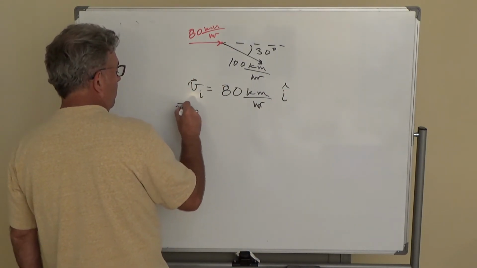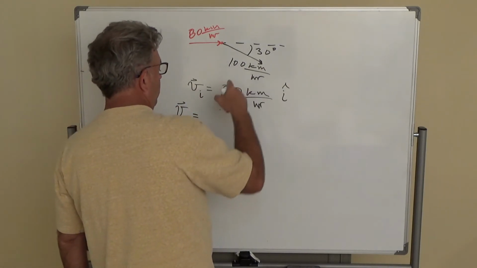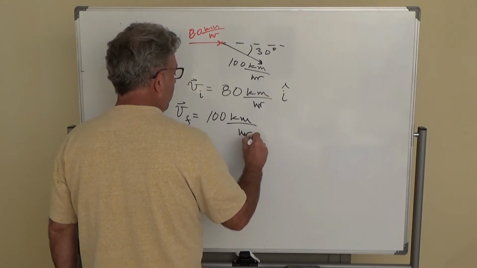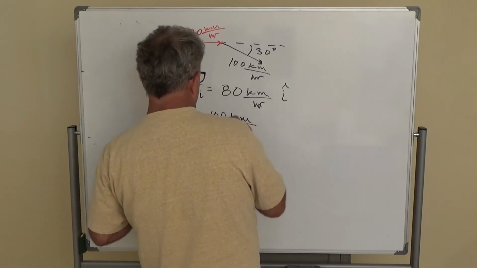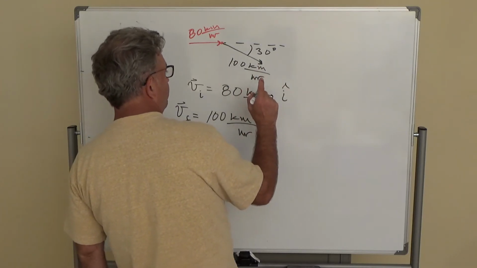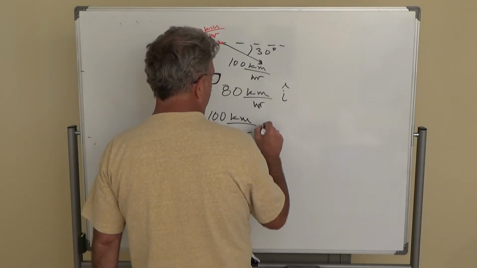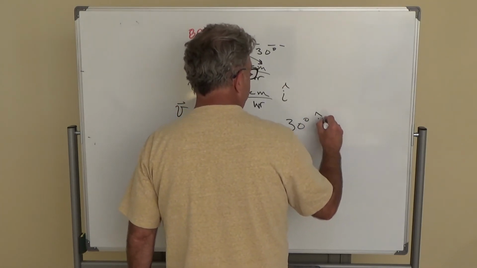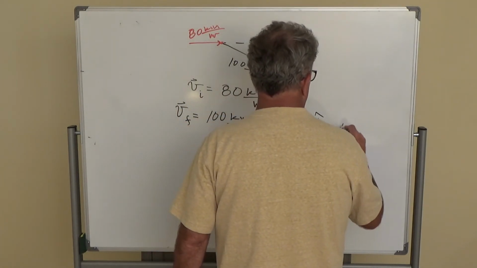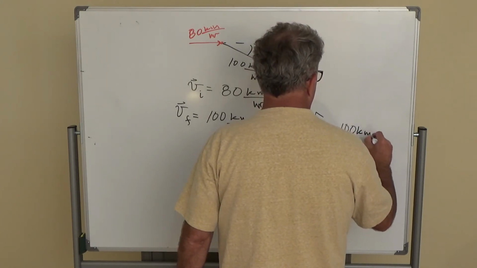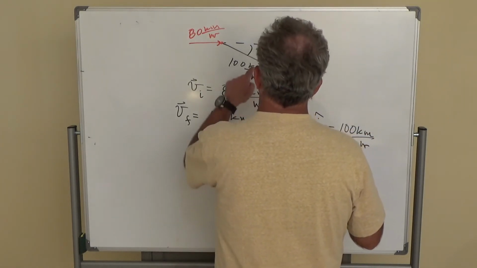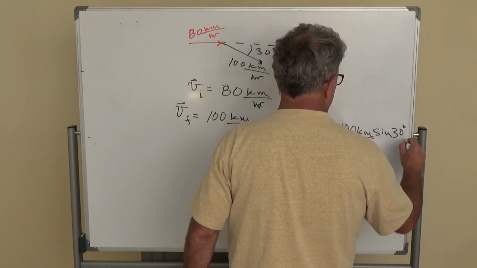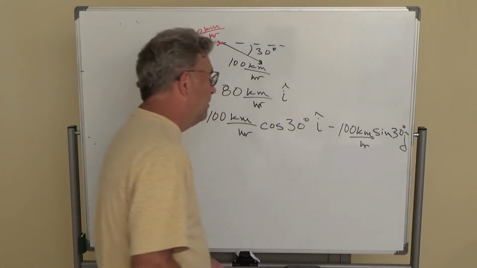V final is equal to 100 kilometers per hour, and that's going to be 100 kilometers per hour cosine 30 degrees I hat minus 100 kilometers per hour sine 30 degrees, and I'll squeeze in a J hat down there.